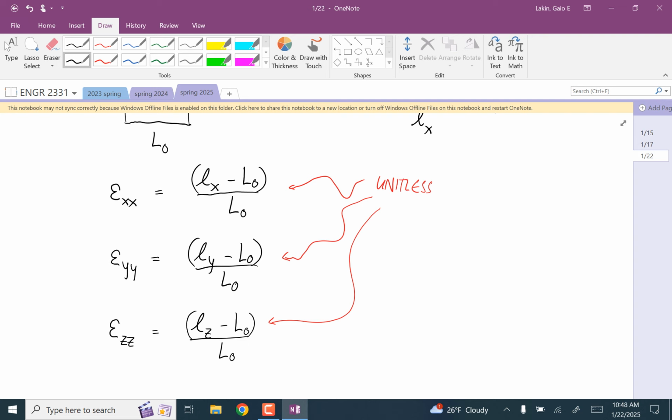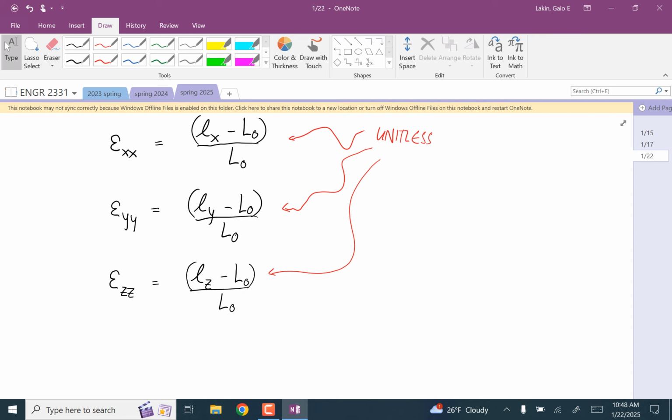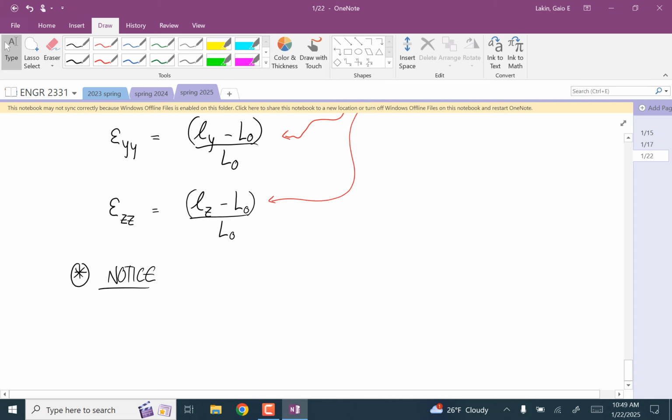And from these definitions, this is the last thing I'll say, and then we'll stop. Notice a positive normal strain. So normal strains, we're talking about length changes.